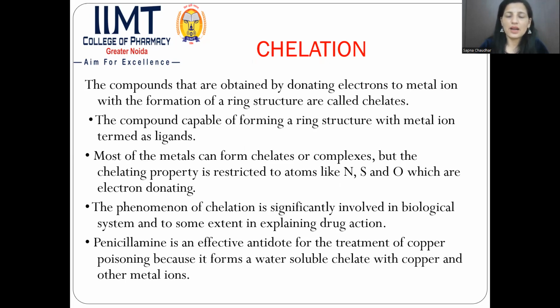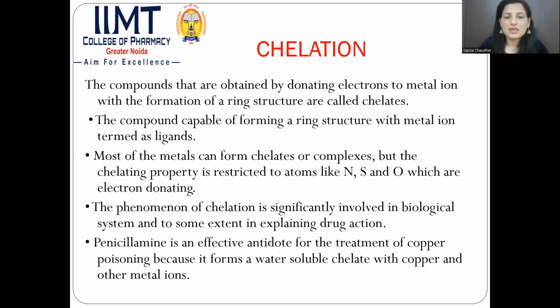Chelation. This is another parameter which governs the biological properties as well as physicochemical properties. The compounds that are obtained by donating electrons to a metal with the formation of a ring structure are simply called chelates. The compound is capable of forming a ring structure.